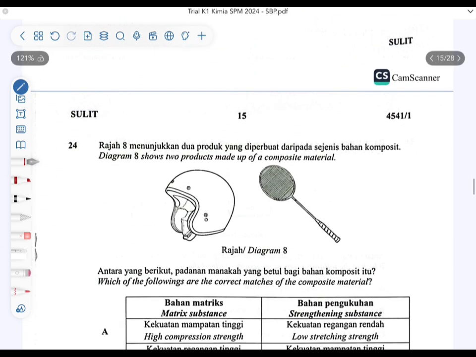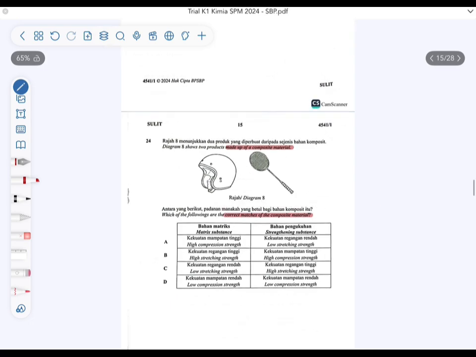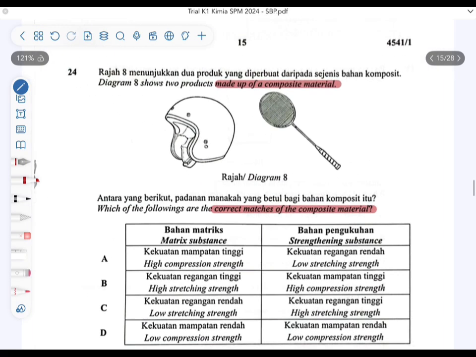Okay, so next question. This is the diagram that shows two products made out of the composite material. We are going to identify the correct matches of the composite material. The matrix substance is like the inner part of it.